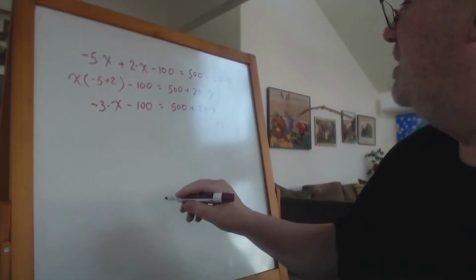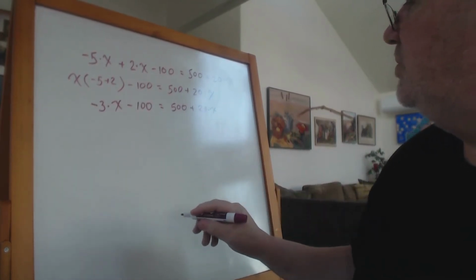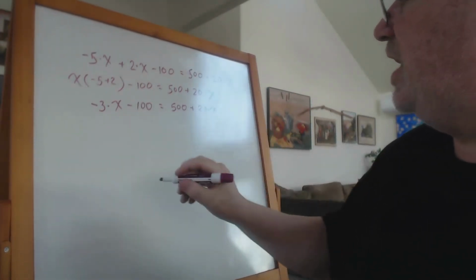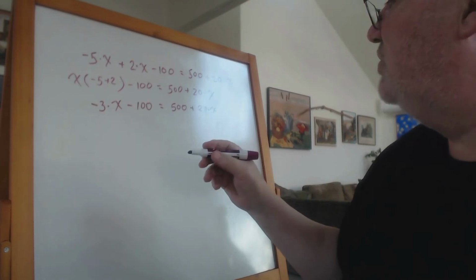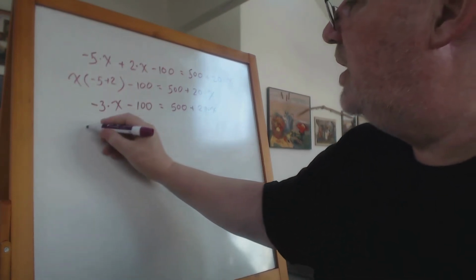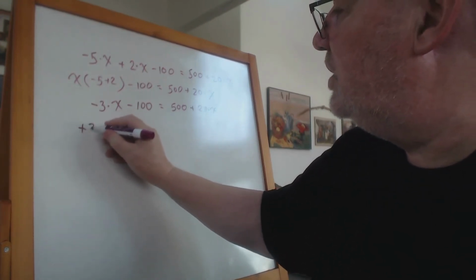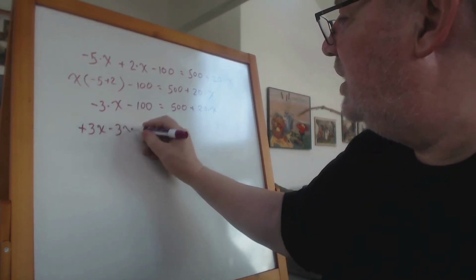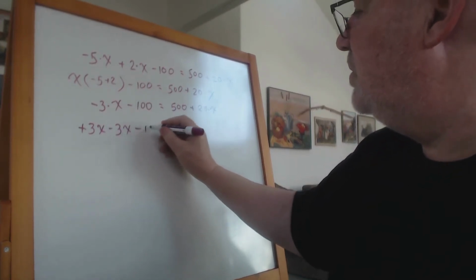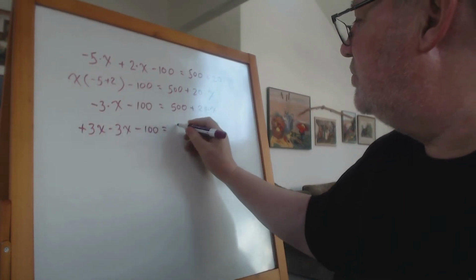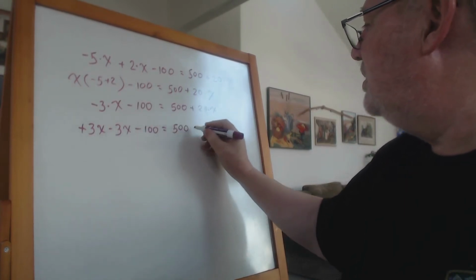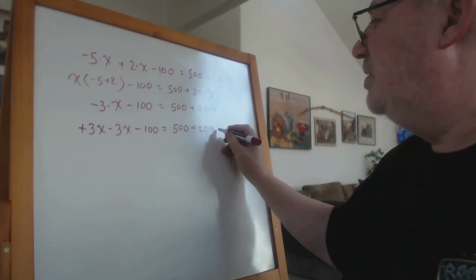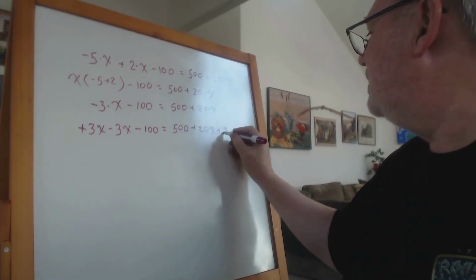So, what do we want to do? We can add 3x to each side to get rid of 3x on that side. So we got plus 3x minus 3x minus 100 equals 500 plus 20x plus 3x.